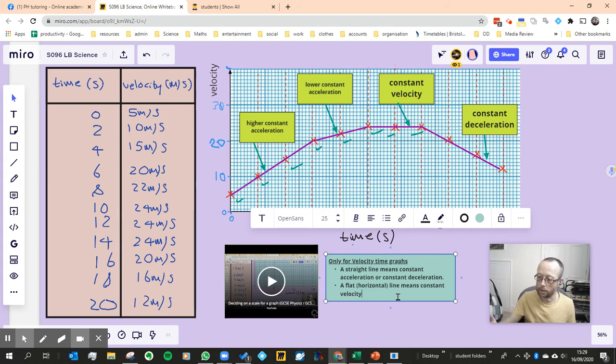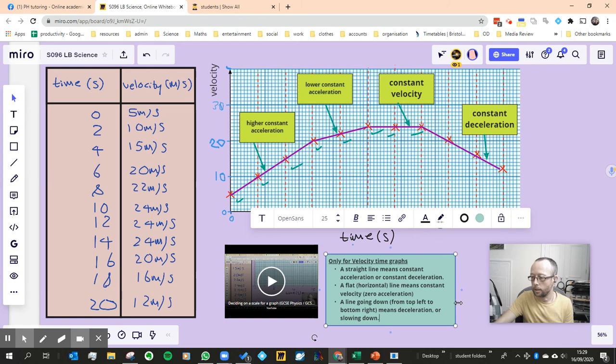A flat or horizontal line means constant velocity, which is zero acceleration. And then a line going down, like the fourth one, from top left to bottom right, means deceleration or slowing down.